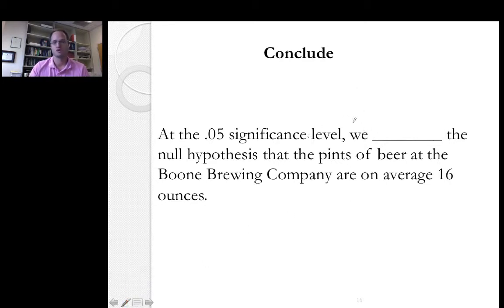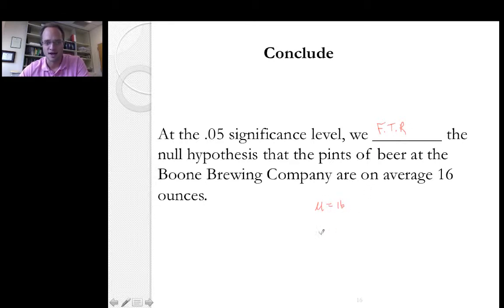Let me write that in here. We fail to reject the null hypothesis that the pints of the beer at the brewing company are on average 16 ounces. So we're finding evidence in favor of the fact that the average is 16.